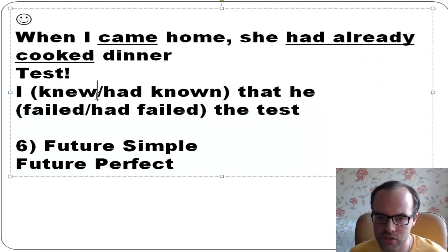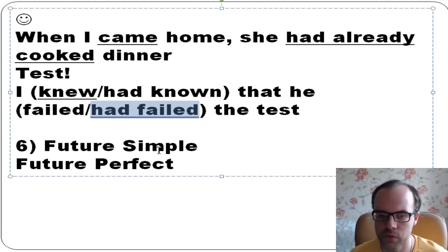The first action is about the past. You need to use past simple. Look, I knew that. And the second action is about the past too, but it happened earlier. So you need to use past perfect. So, I knew that he had failed the test. Okay? So, I think that's clear.